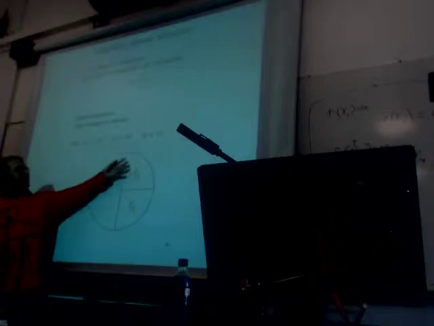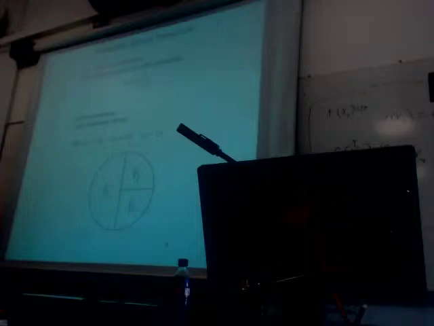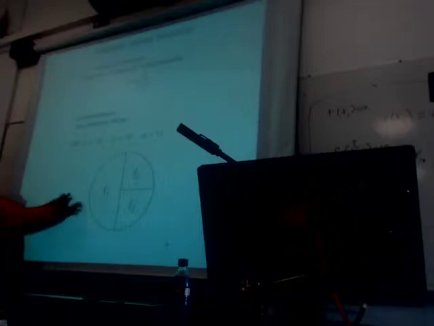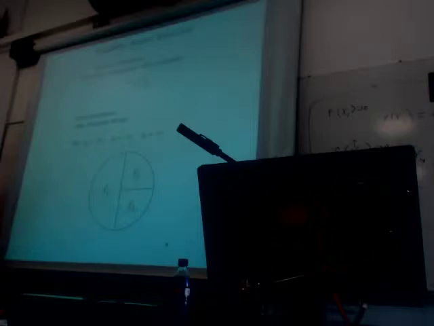This person is 10, which is a quarter of the total fitness, this person is 10, another quarter of the total fitness, and then to select individuals, we simply sample from the discrete distribution given by those probabilities.